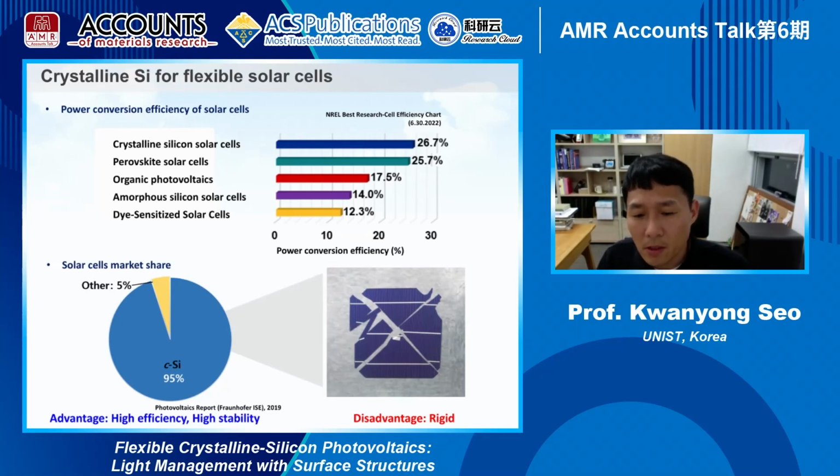However, crystalline silicon intrinsically has a critical problem: because of its crystalline nature, it can easily break, like this image. So how to solve this problem, this rigid crystallinity of crystalline silicon, is the key point when we realize the flexible solar cell using crystalline silicon materials.